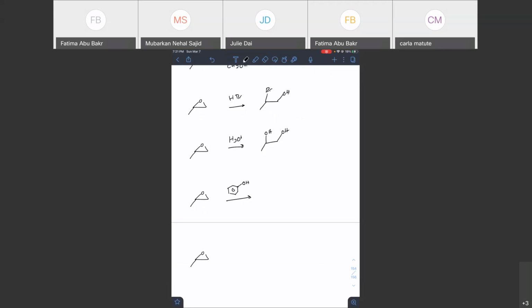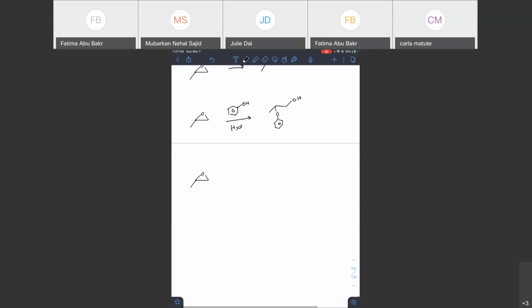So this is a phenol with H3O plus. Just because it's acidic, we know that the phenol is going to be added to the side with the least amount of hydrogens because it's acidic.